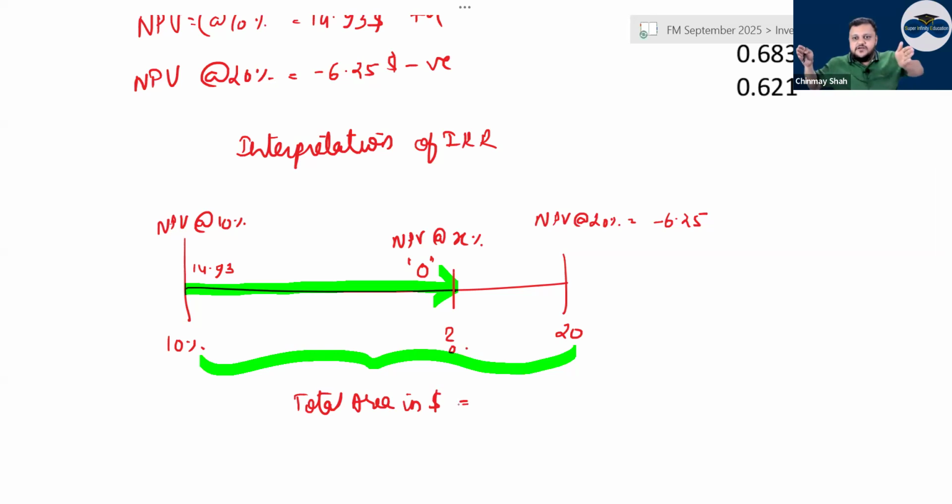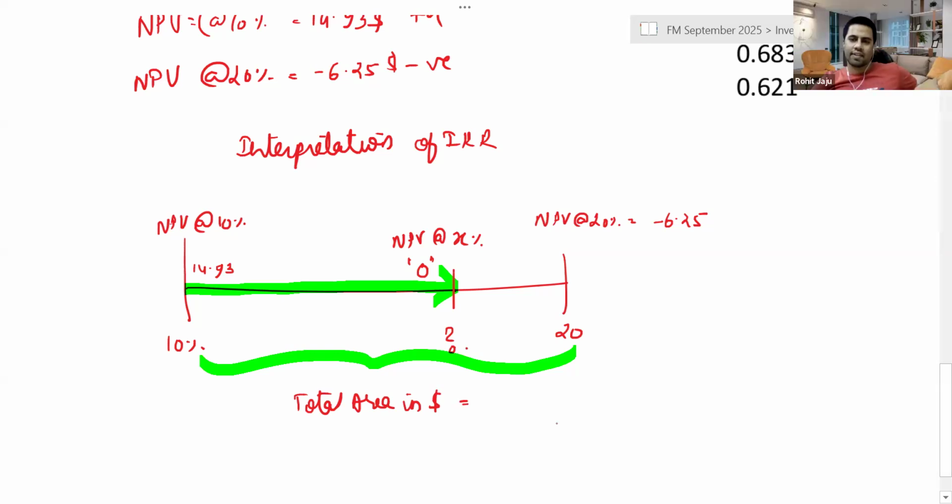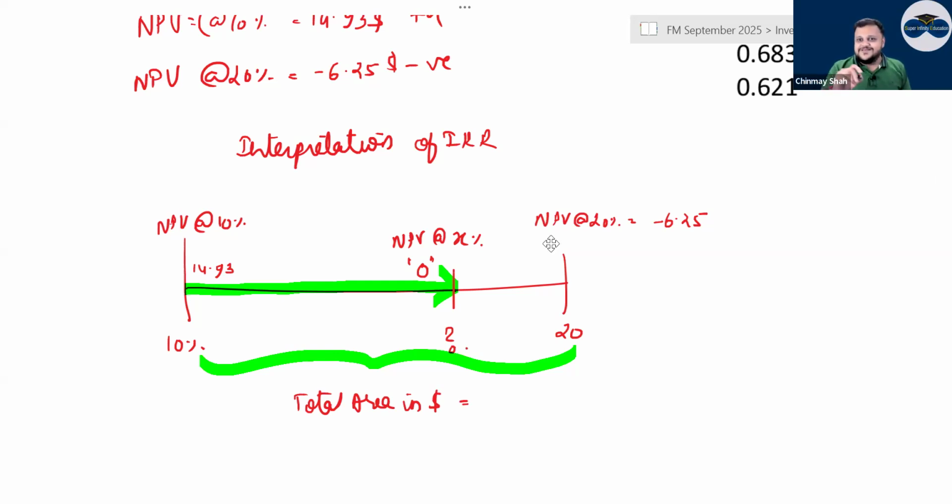How much is the total area in dollars? 14.93 to 0, then 0 to negative 6.25. How much is the total? 8.68? Is it 8.68? Look. I have to travel from 14 to 0 and then go to negative 6. How much is the total area?